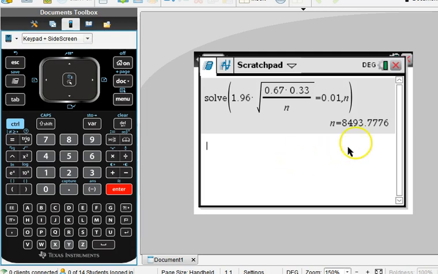Okay, I can't have 8,493.7 people in my survey. So no matter what this is, even if it's 0.1, if it's anything bigger than 93, I round up to the nearest whole person because I want enough people to guarantee this margin of error. So I have to always round up to the next biggest whole number.